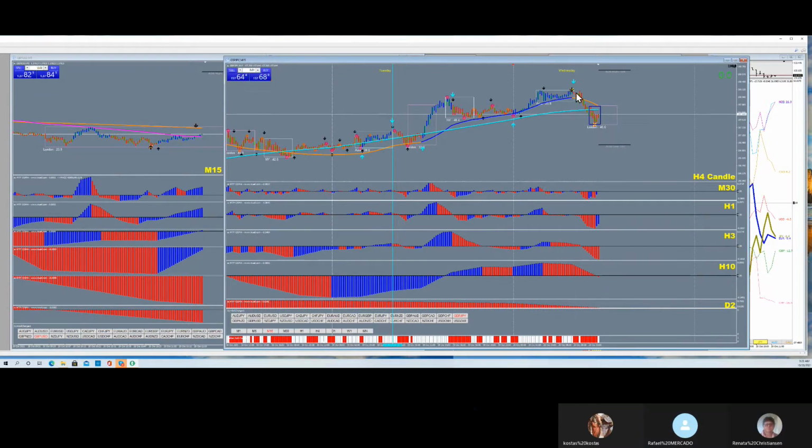So it's telling you that from the highest point of the market today to this point is an average daily range for this pair. It's 157, so that's 128 pips from high to low.